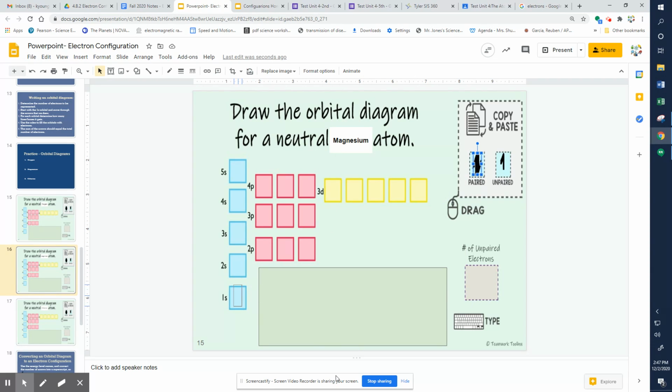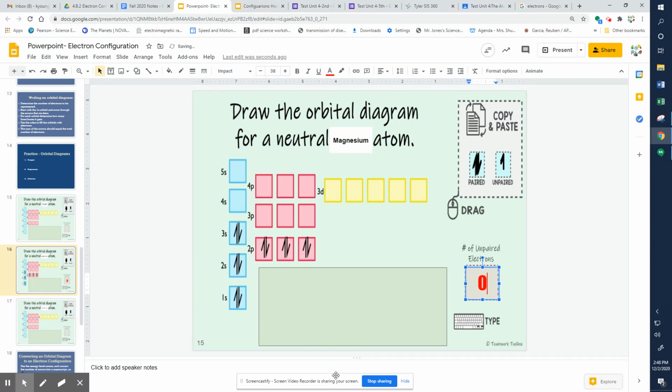So again, we've already done this, and magnesium has 12. So you should have that written in front of you. I'm just going to click and drag them over there. You should have all of the 3s filled. How many unpaired electrons are there? 0. Okay.